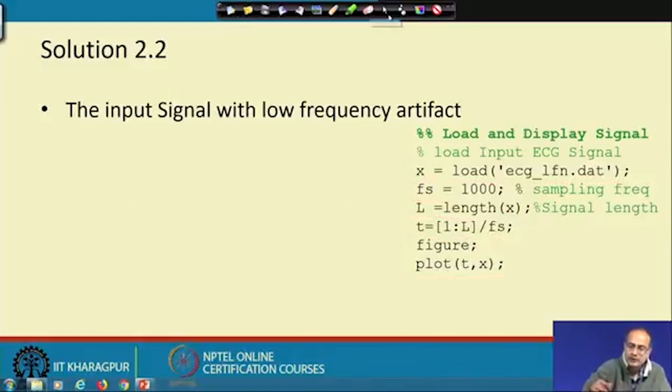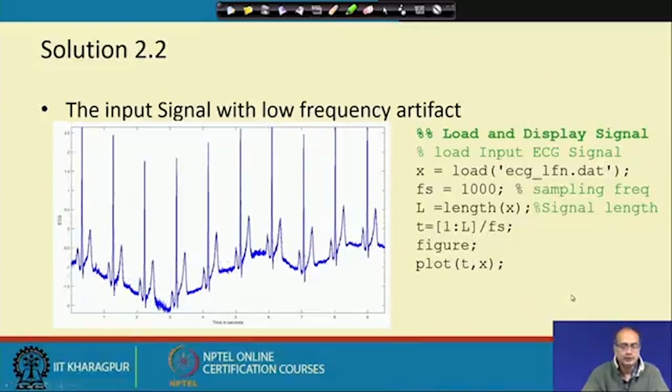So, if we issue these commands at the MATLAB prompt, this is the output we get, the plot here on the left hand side, and it is severely affected by low frequency artifact.